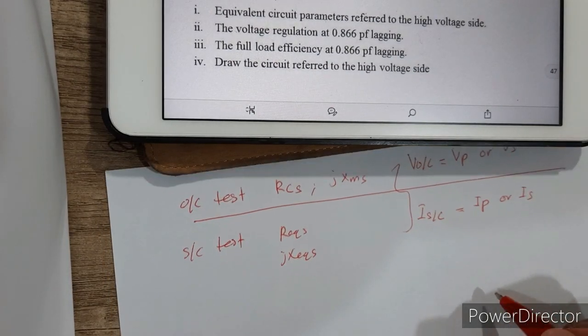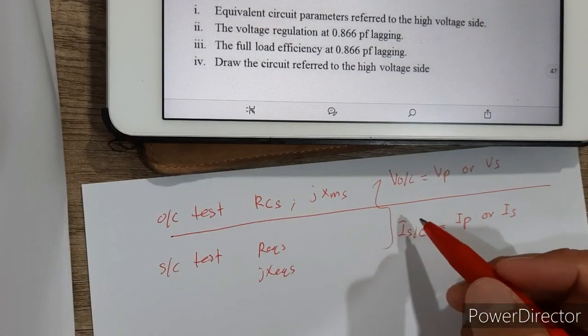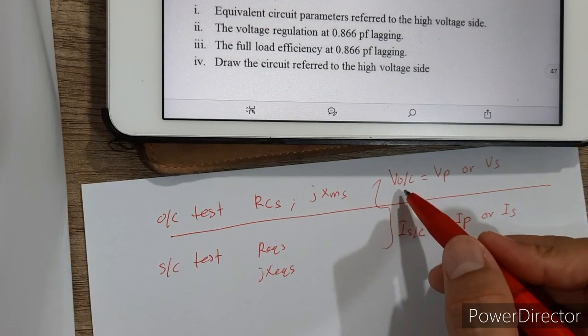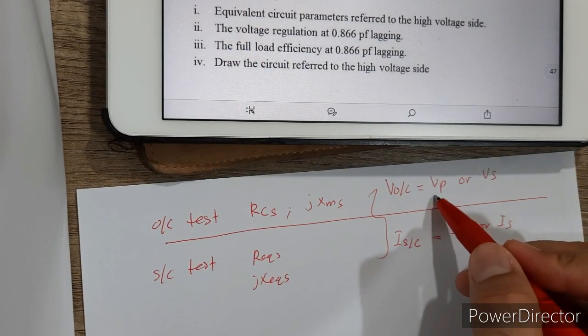So let's say V open circuit equals V primary.